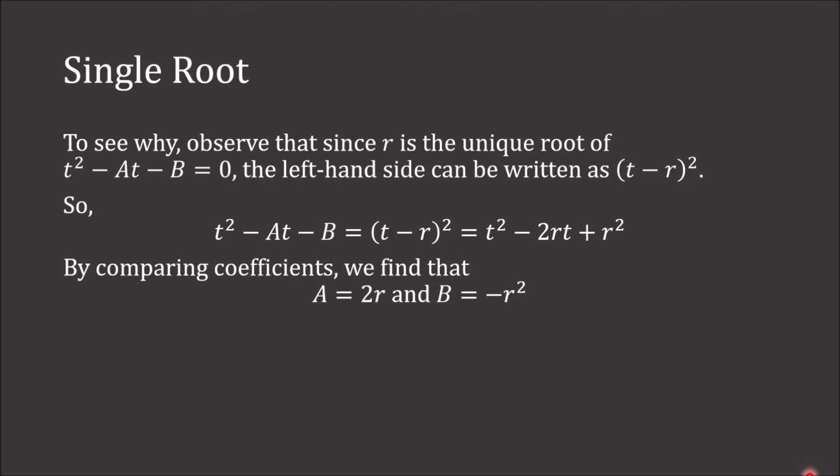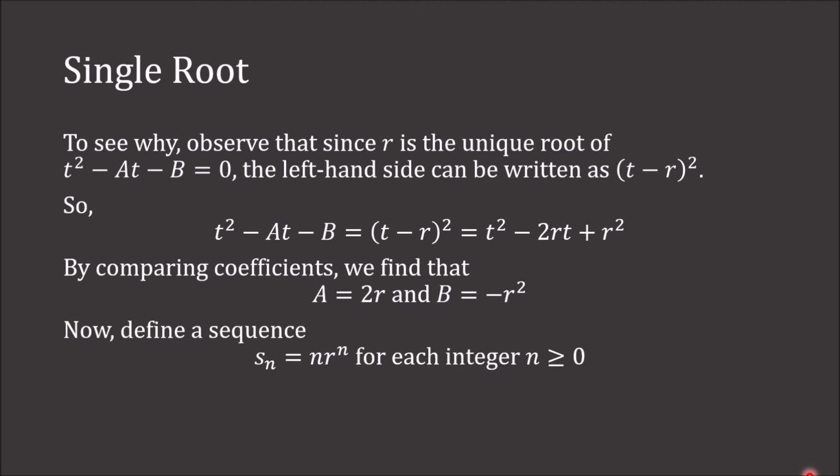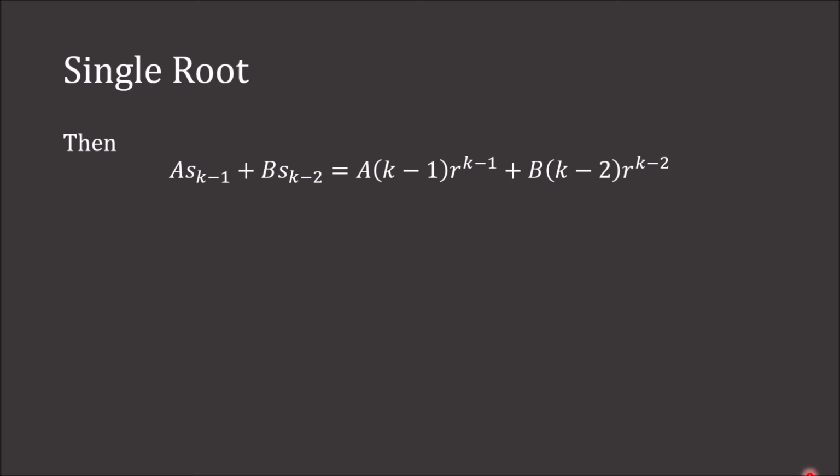So we define a sequence s sub n equals n r to the n, then plugging it into this equation, we have a times (k minus 1) times r to the k minus 1 plus b times (k minus 2) times r to the k minus 2.